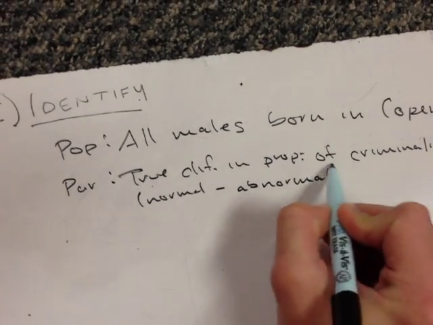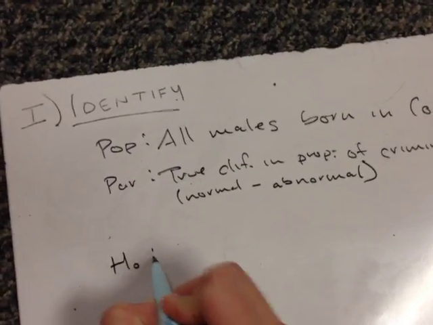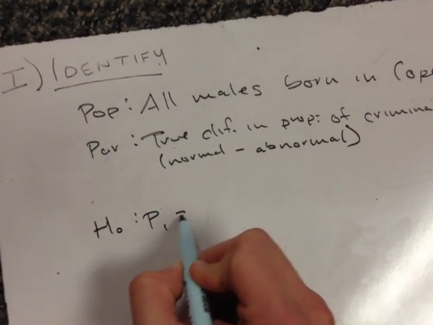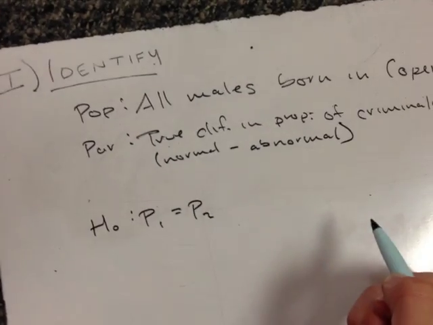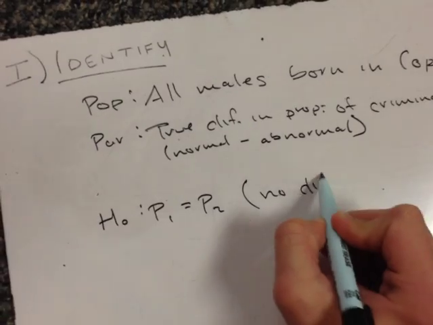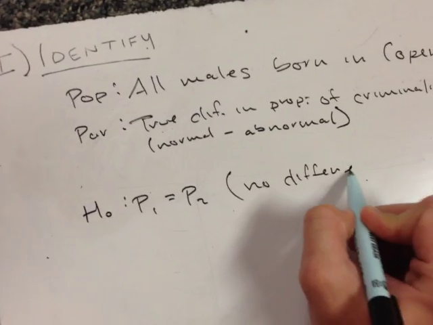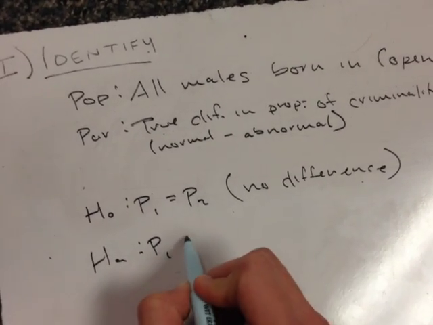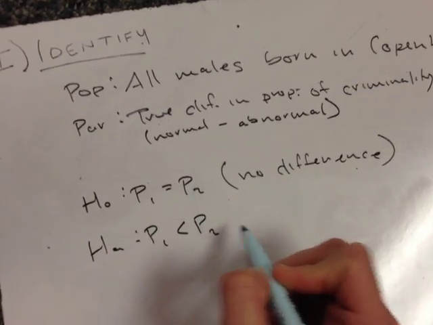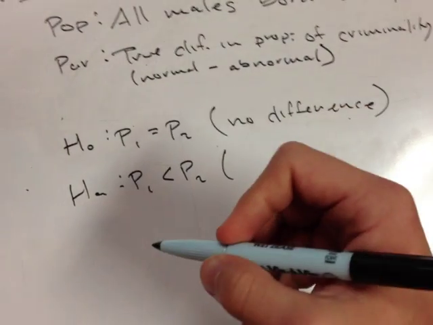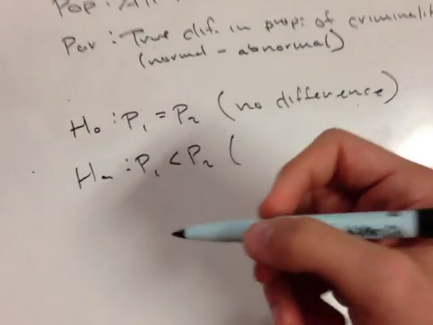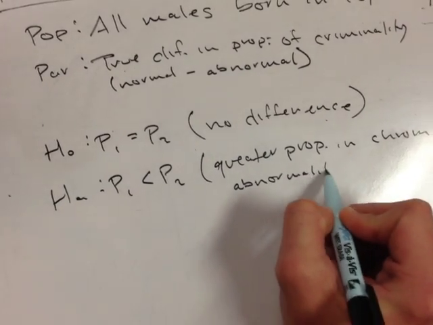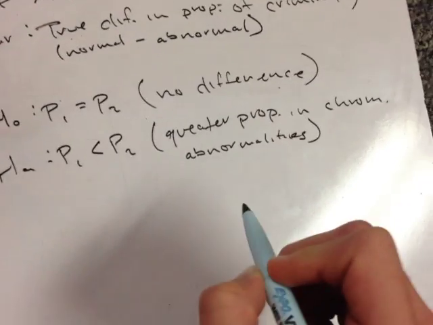Your null hypothesis, H0, is that proportion 1 is equal to proportion 2. In other words, there is no difference. Your alternative hypothesis, HA, is that proportion 1 is less than proportion 2. In other words, there's a greater proportion with chromosome abnormalities. That's your first I in ICCI.